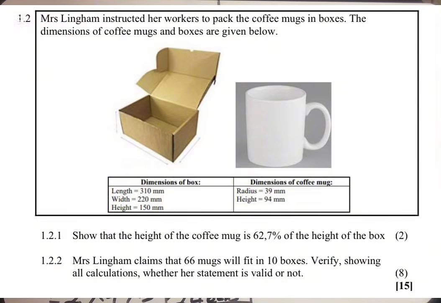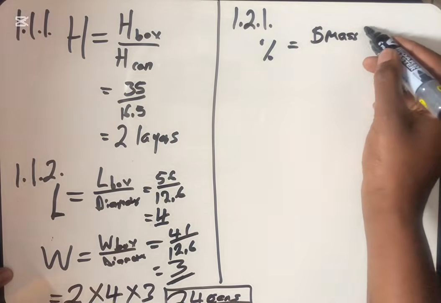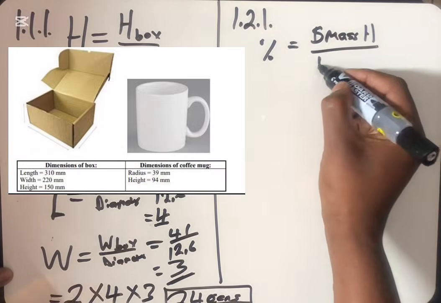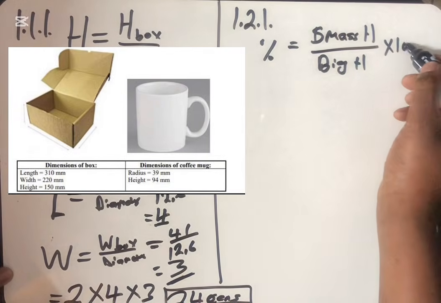The first question, which is 1.2.1, says show that the height of the coffee mugs is 62.7% of the height of a box. So what we need to do, we must calculate the percentage. Percentage is equal to small height divided by big height, multiplied by 100.